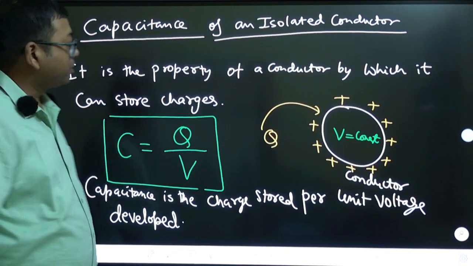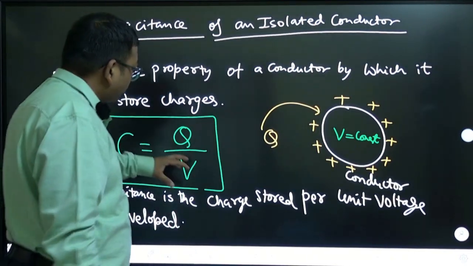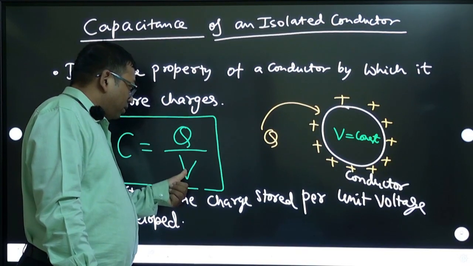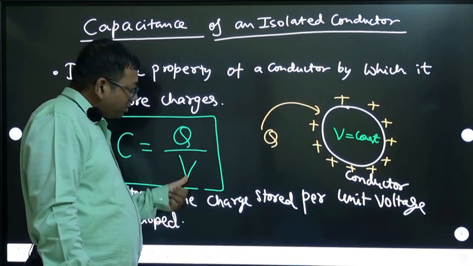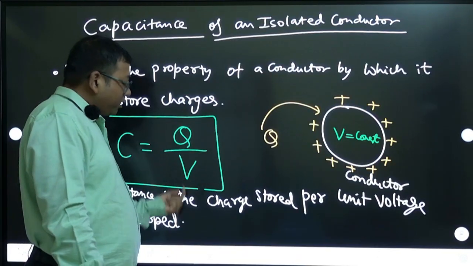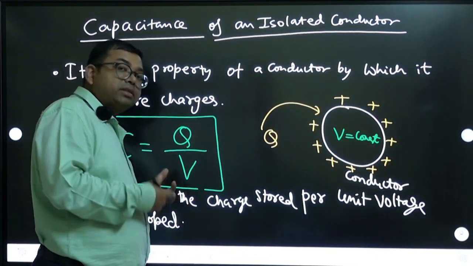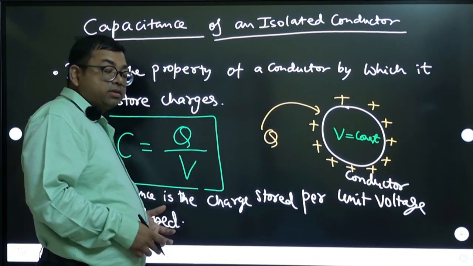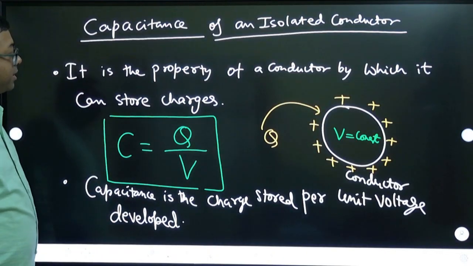So if you give some charge, suppose for example, for which the voltage has become 1, then that charge will become equal to capacitance. Per unit voltage, what is the charge it can store? So if you give more voltage, it will store more charges, right? That is the idea behind it.